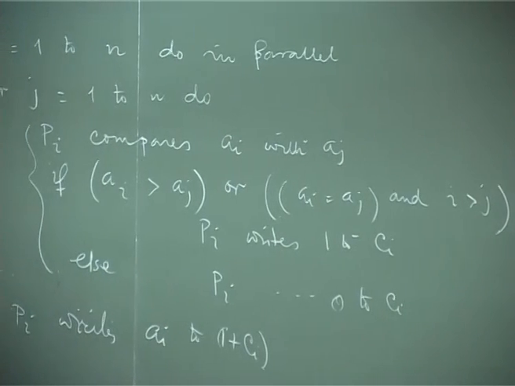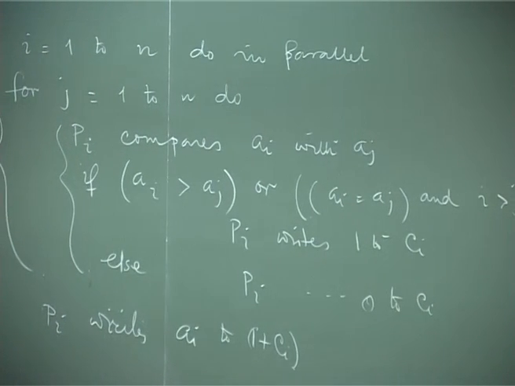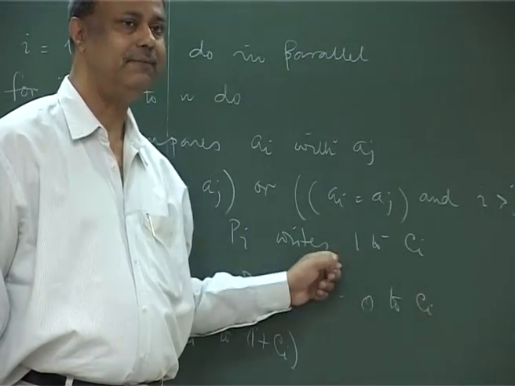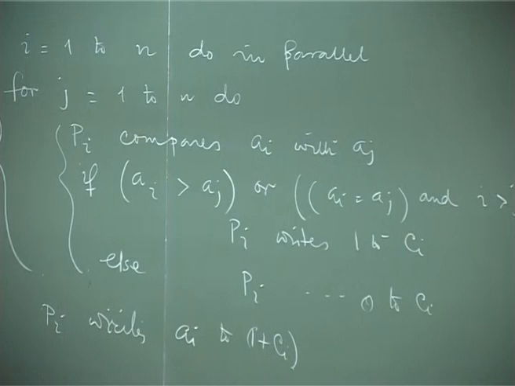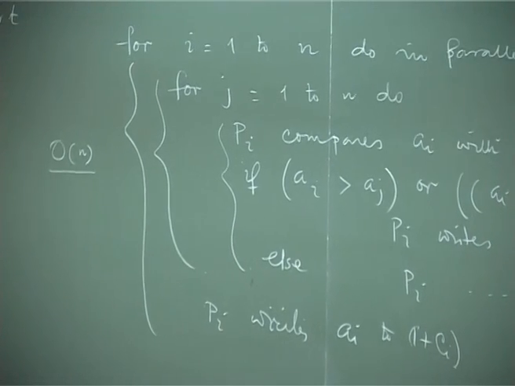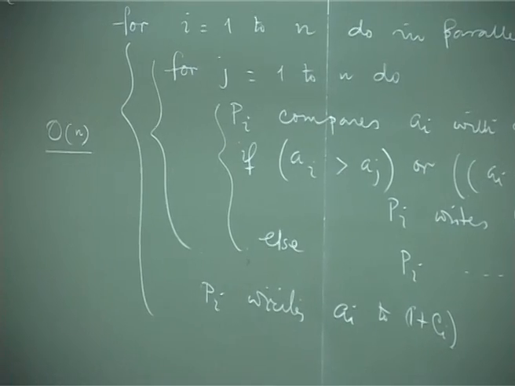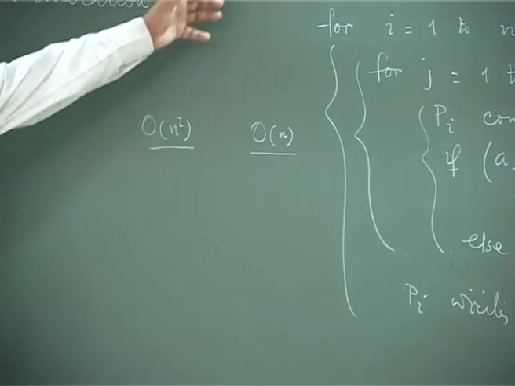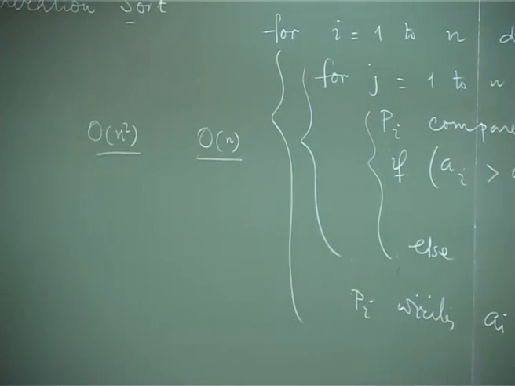So Ci gives you the count of where to move, and Pi writes Ai to 1 plus Ci. Writing 1 means adding 1 to Ci. So this is order n time complexity, and cost is order n square, which matches your enumeration sorting algorithm.